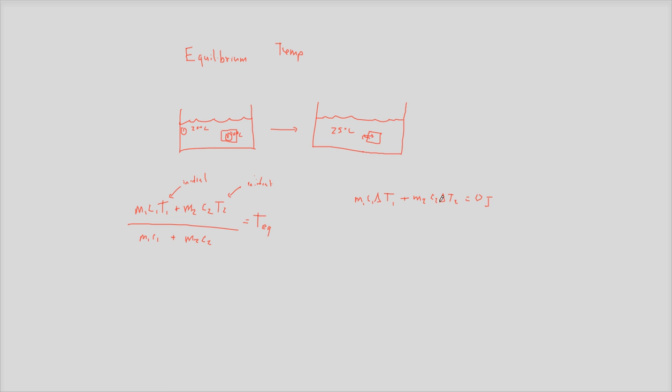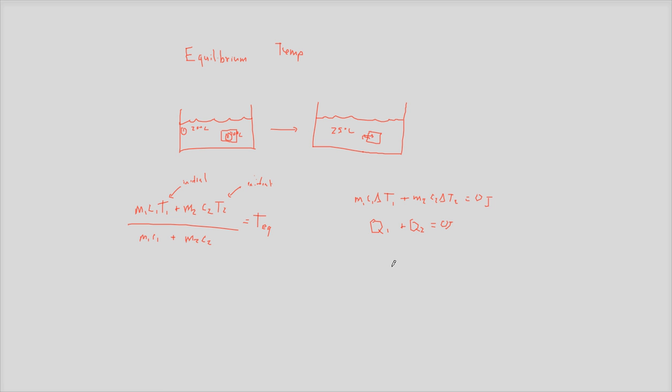All I'm saying is that any energy that is gained by the cold thing must have come from the hot thing. And any energy that the hot thing loses must go to the cold thing. So in essence, the energy transferred by the first one plus the energy transferred by the second one is equal to 0.